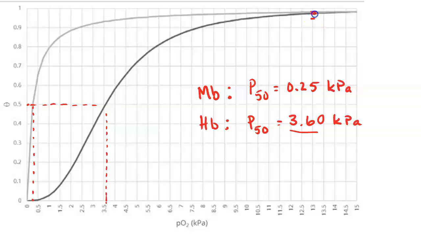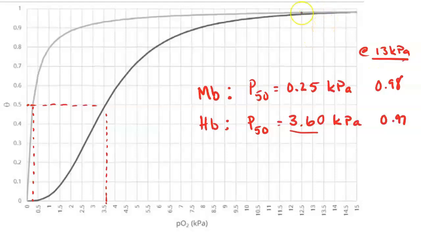And that's 0.97. That's what I'm going to go with. So I'm going to say that the myoglobin is 0.98 and the hemoglobin is 0.97 at 13 kilopascals. Do you agree with that? If you said they were exactly the same, again, work on your graph reading skills, being very meticulous.